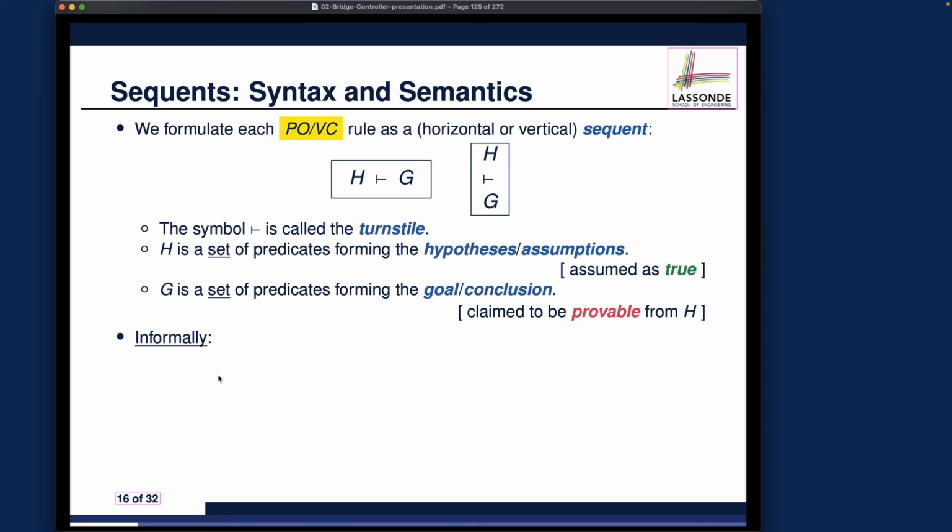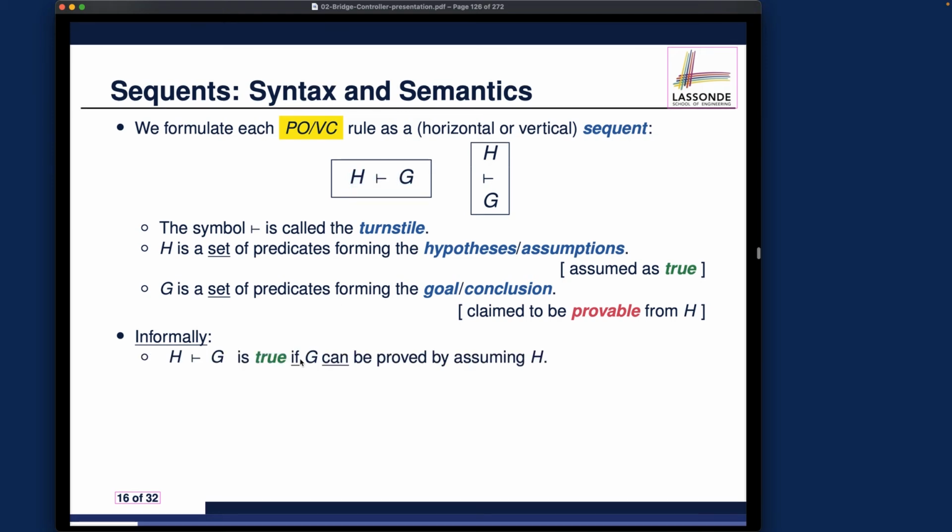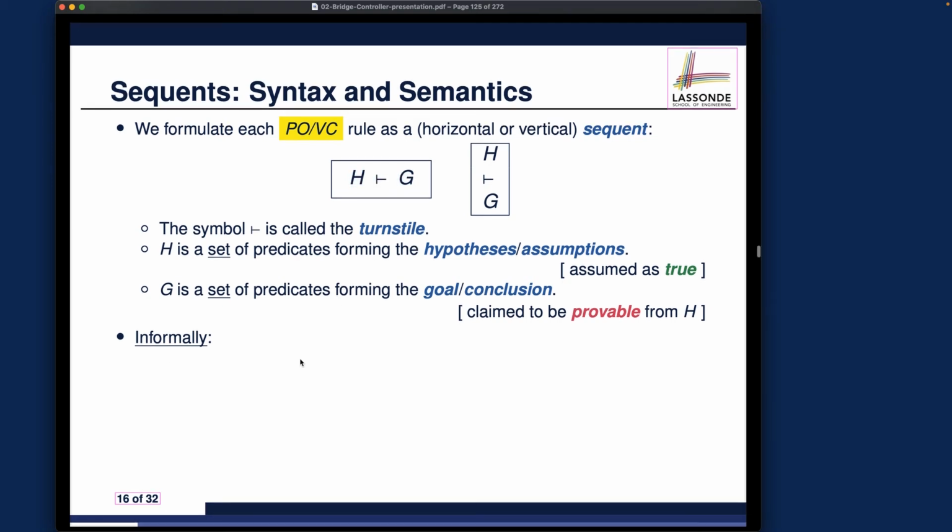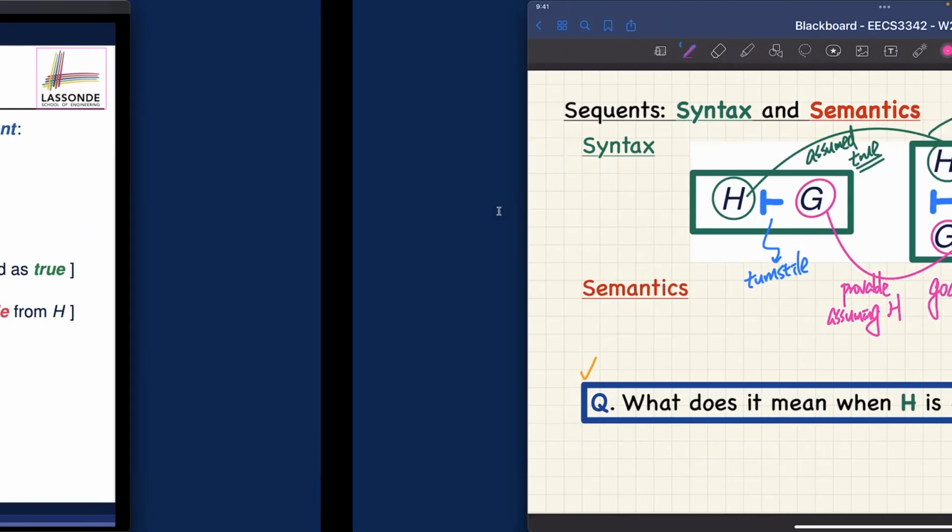Let's now talk informally about what it really means when we got H turnstile G over here. One thing that's very important for me to emphasize: whenever you write a turnstile like this or like that, vertically, right?